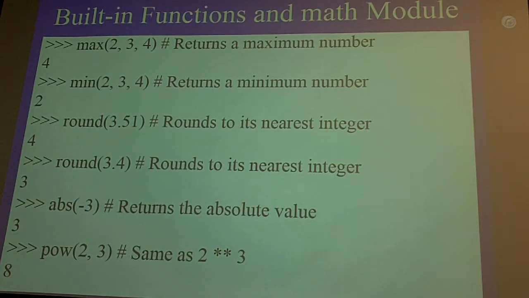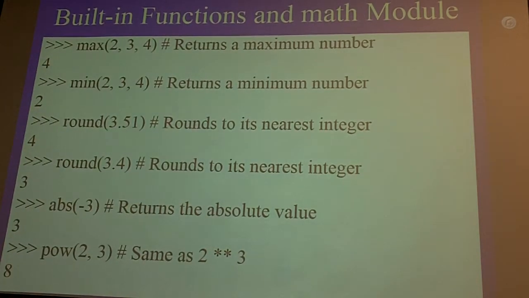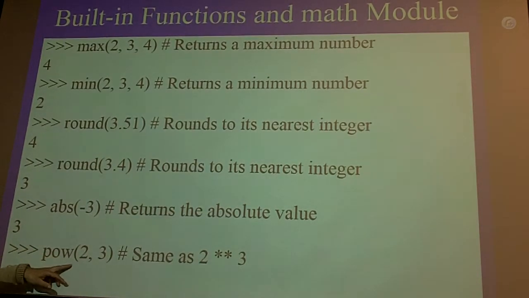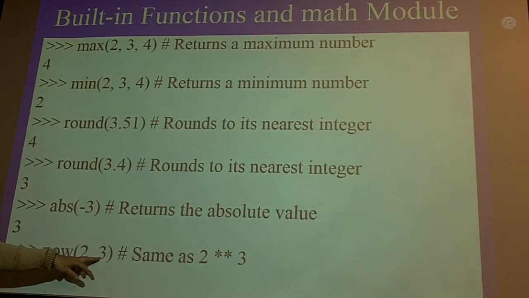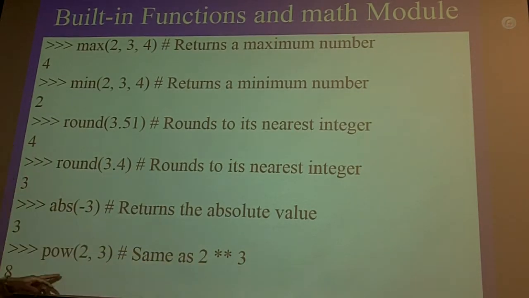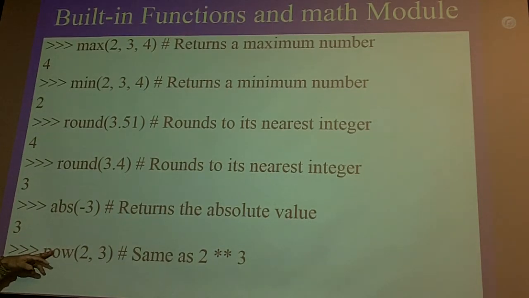Interesting, there is one called POW. Nothing to do with wars. It's POW for power, the first 3 letters of power. 2, 3 is same as that. But it's worth remembering this because that's how you have it in Java, in CS2.